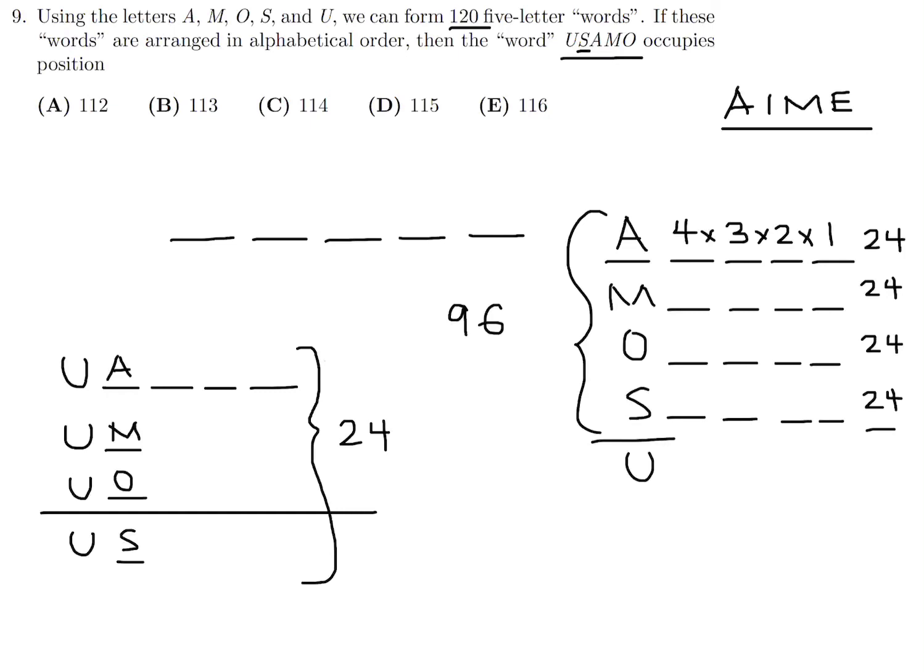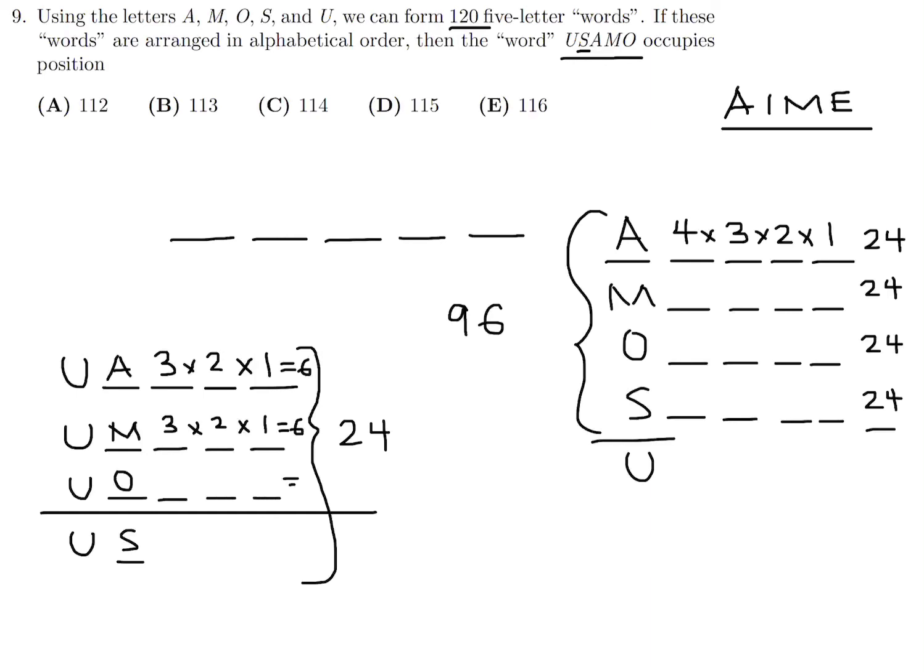If U is the first letter and A is the second letter, the third letter we have 3 possible choices, either M or O or S. The fourth letter we have 2 choices, and then the last letter we have 1 choice. So this is 6. Okay? Very similarly, for the next one, UM, we have 3 choices, 2 choices, and 1 choice for those letters, and that's 6.